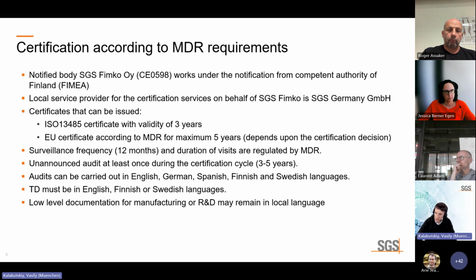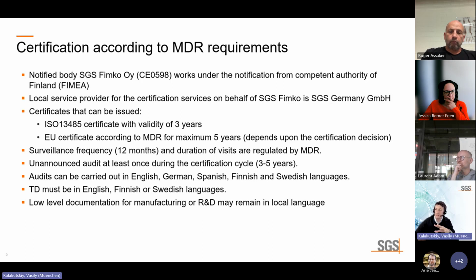And the EU certificate according to MDR with a maximum validity of 5 years. Why do I say maximum validity? Because depending upon the certification decision, this validity may be limited, for example, to 3 years or even less. For this, certain circumstances have to happen, but the maximum is 5 years.